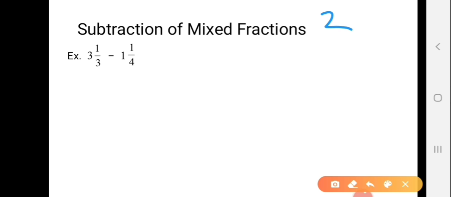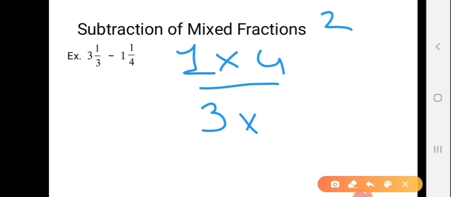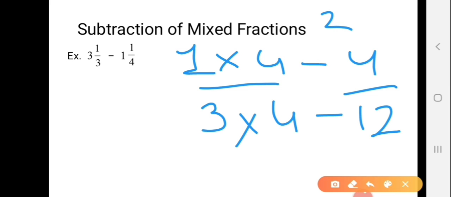Now 1 by 3 minus 1 by 4, but you can see that they are unlike fractions, so let's directly convert them into like fractions. 1 multiplied by 4 by 3 multiplied by 4. So 1 multiplied by 4 is equal to 4, and 3 multiplied by 4 is equal to 12, and this becomes 4 by 12, okay.